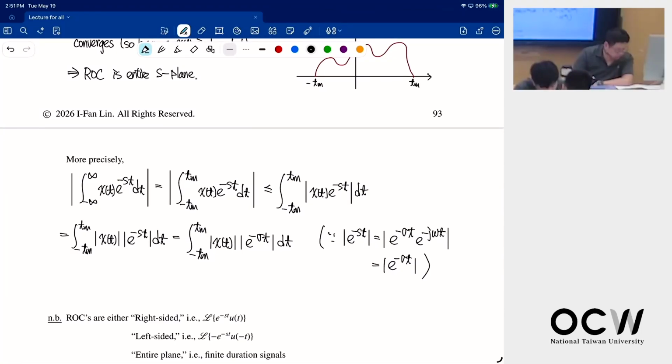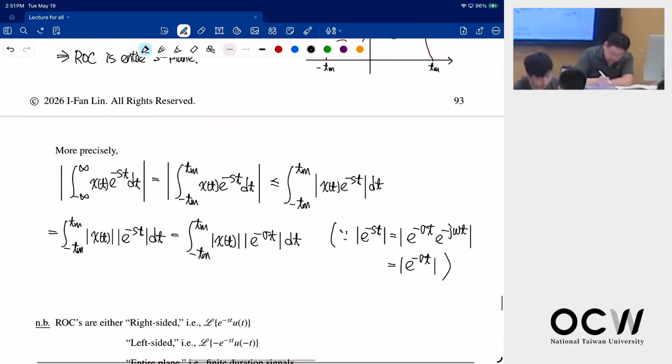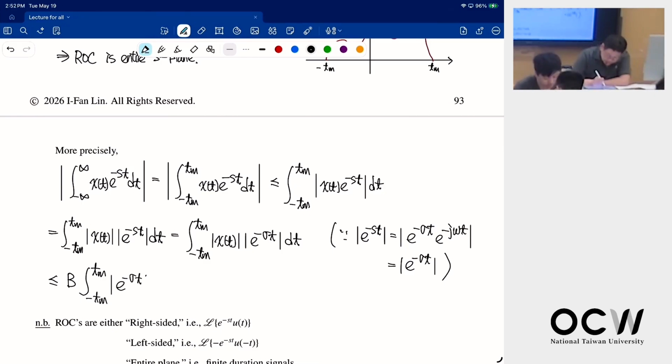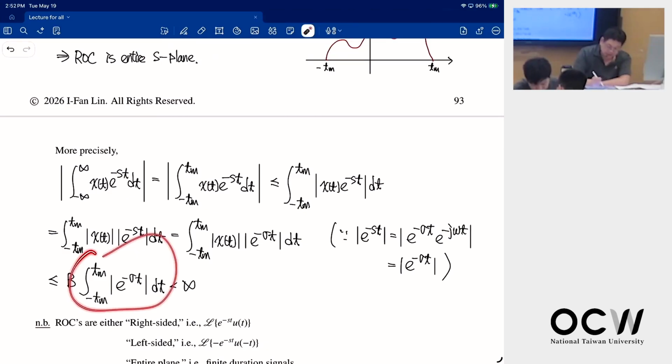So if x is bounded, then we say that this is less than b times the integration. If it is bounded, it really depends on sigma.